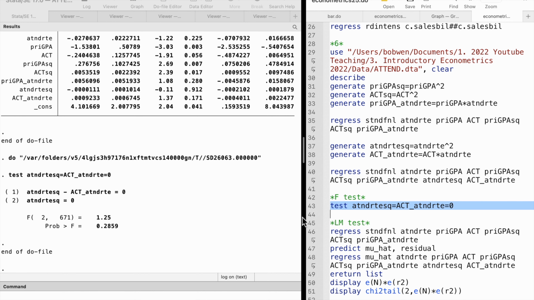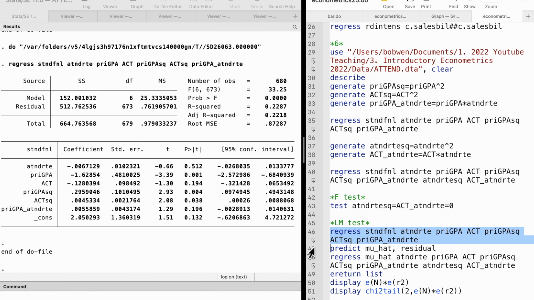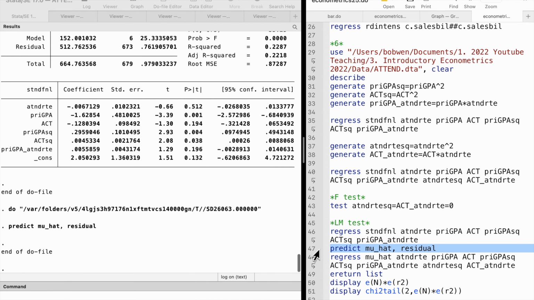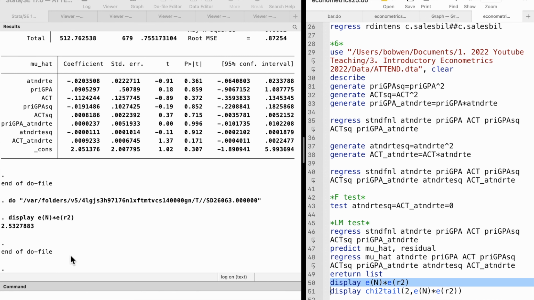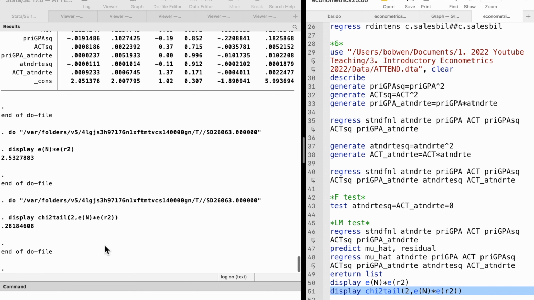The p-values are around 0.28. They are not jointly significant even at the 20% level.